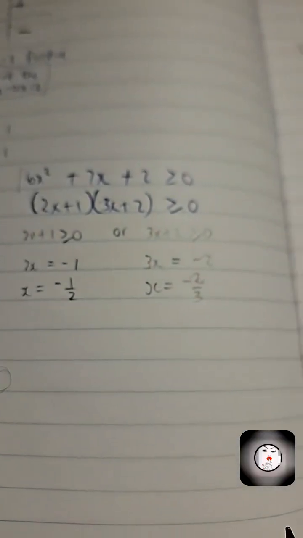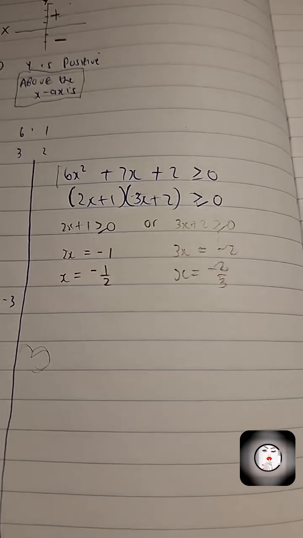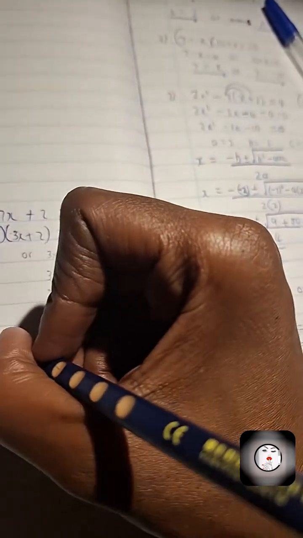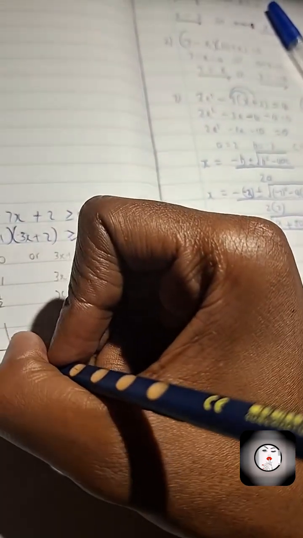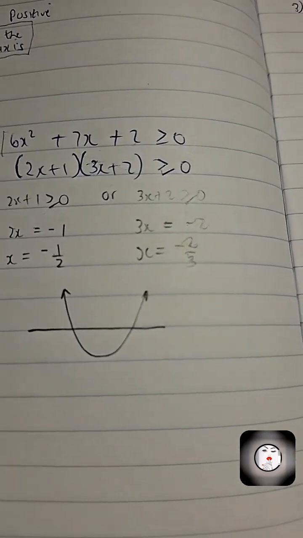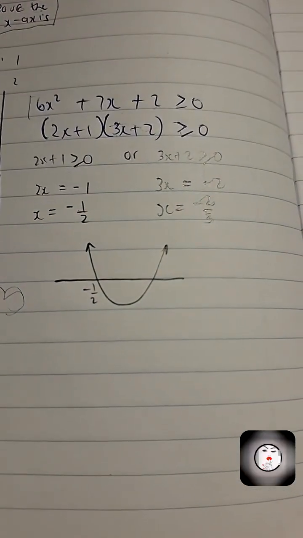Then after that, I drew my graph. The x values are minus 1 over 2, negative half, and on the other side, minus 2 over 3.